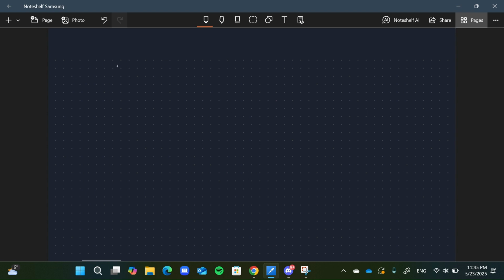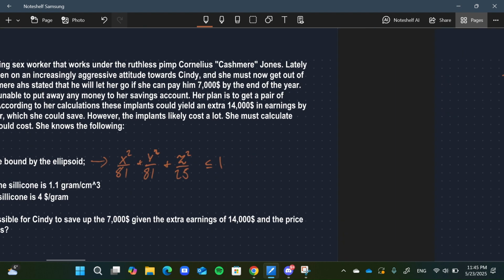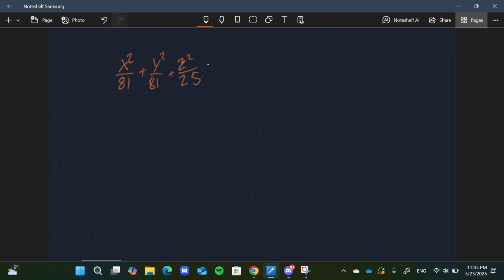So, we have this shape, which is bound by x squared plus y squared over 81 plus z squared over, what was it, 25, right? Yup. Smaller than or equal to 1. Now this shape will take on a form looking something like this.